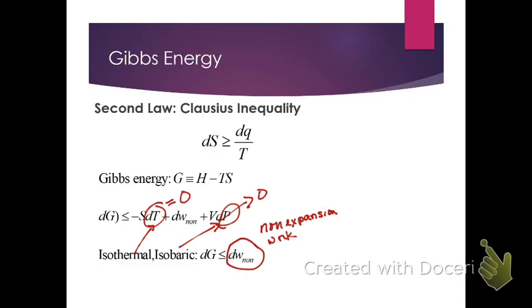This can actually be important, and we're going to discuss it later on: in the case of a situation where we calculate delta G, then delta G is equal to the maximum non-expansion work.